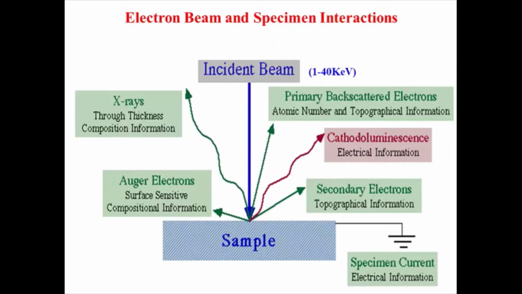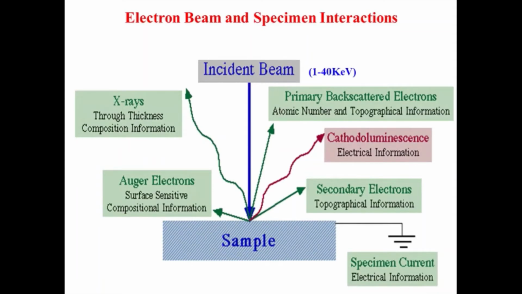It may happen that the valence electrons will not come out, they may get excited and de-excited. So during de-excitation, they may emit radiation which falls in the visible. So there are more than one kind of interactions.